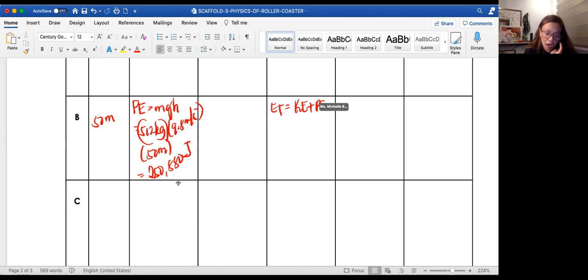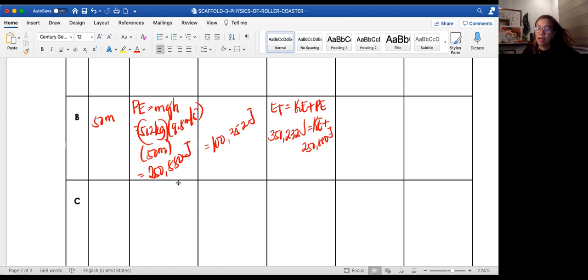On point A, our E total is 351,232 joules, equal to, there is no kinetic energy here, plus our PE, which is 250,880 joules. So we transpose to calculate for the kinetic energy. The kinetic energy here is equal to 100,352 joules.